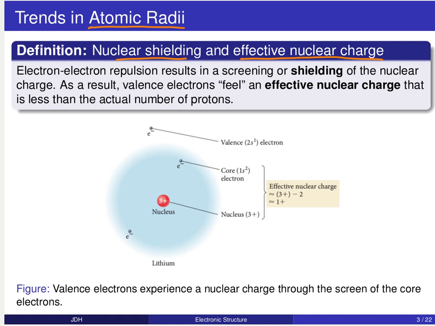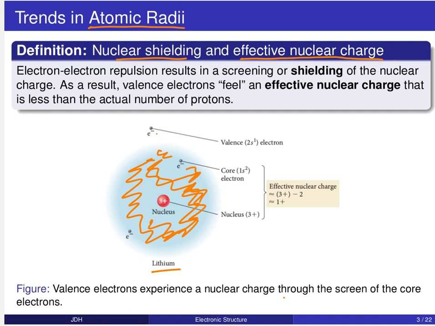Okay, so nuclear shielding is basically the result of electron-electron repulsion. If we look at our little example here, we have these little electrons distributed in this cloud of probability, 1s, a spherically symmetric cloud of probability around that lithium nucleus in this case.